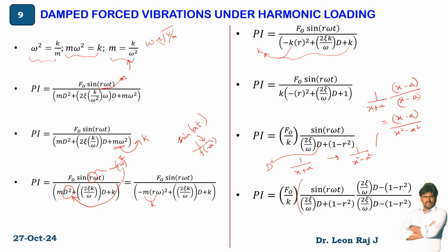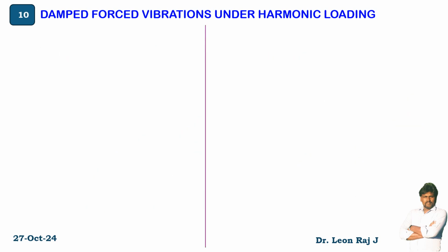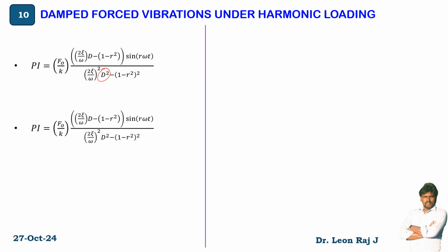So this is one term and this is another term. So your particular integral, what you expected is d square, which we could get, and we multiplied the whole term with the numerator 2 psi divided by omega into d minus 1 minus r square sine r omega t divided by 2 psi divided by omega whole square d square minus 1 minus r square.